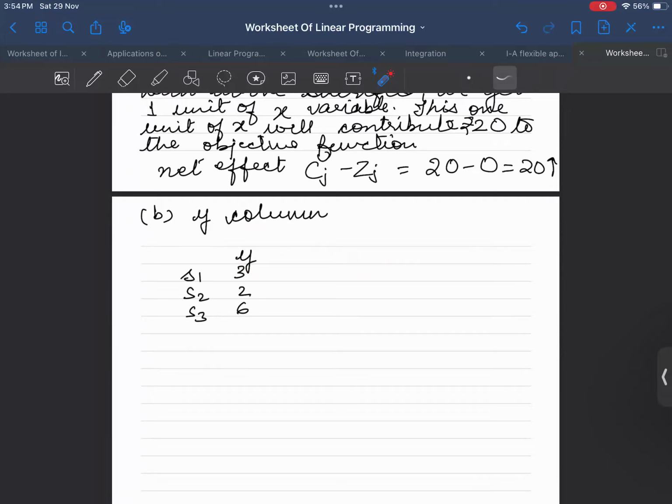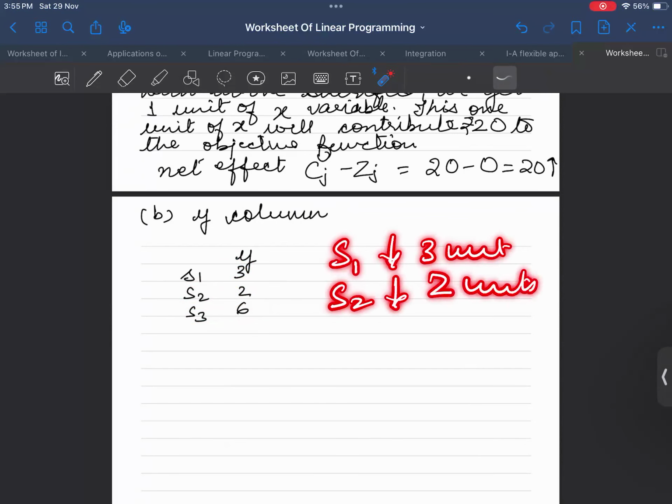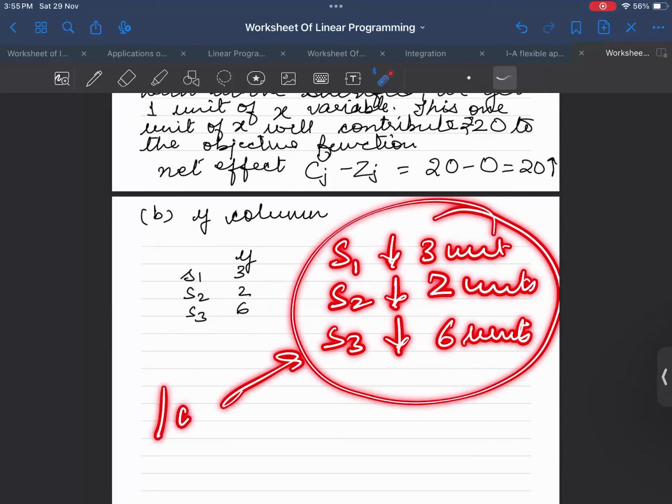We need to sacrifice something. We will sacrifice 3 units of S1, 2 units of S2, and 6 units of S3.